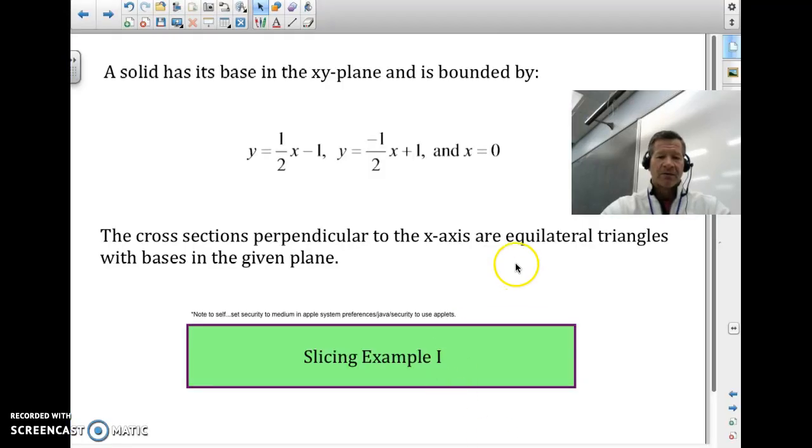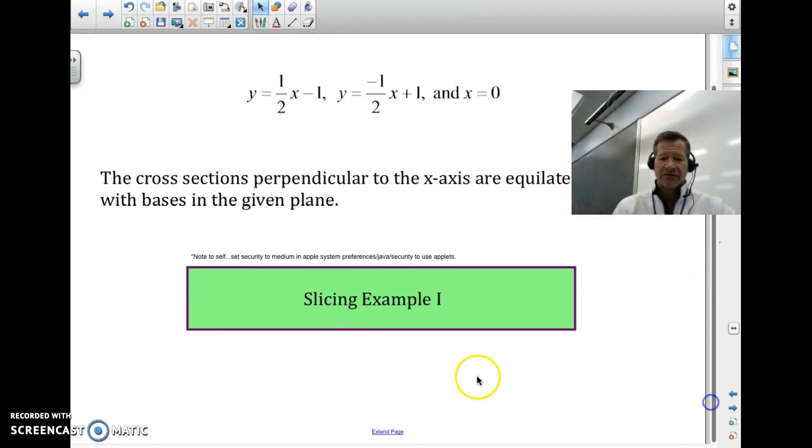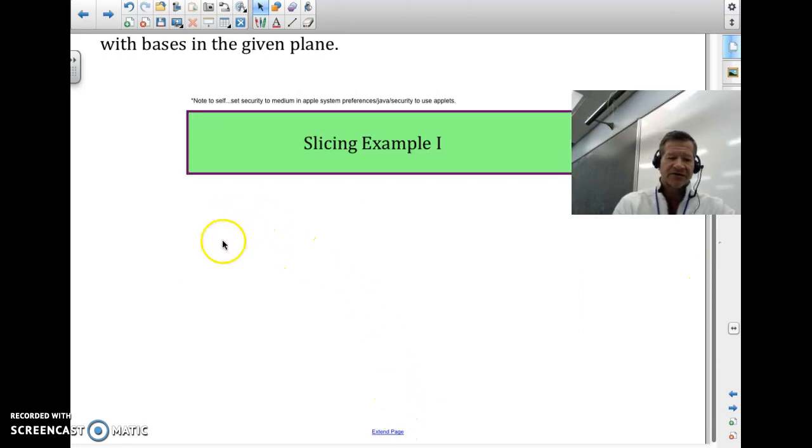But what we're going to try to do here is find out how to find the volume of this particular figure. So what you want to start to do is draw a little picture of it.